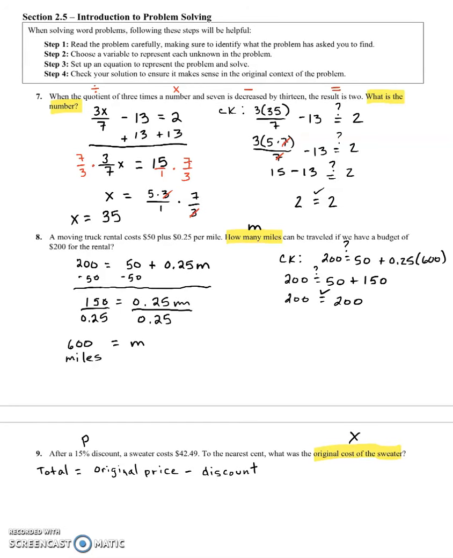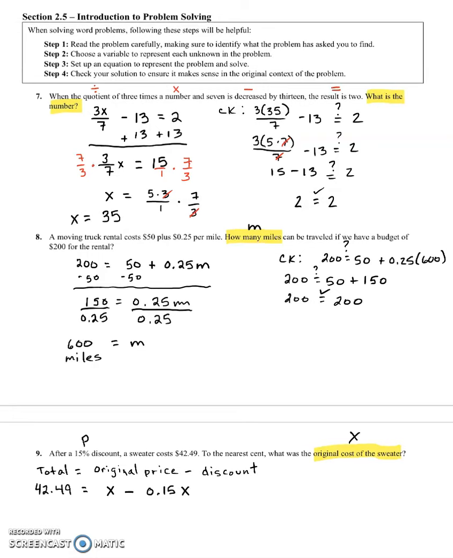So, what do we know? Afterwards, the total was $42.49. What was the original price? Well, that's what we don't know. And what's the discount? Well, the discount is 15% of the original price.